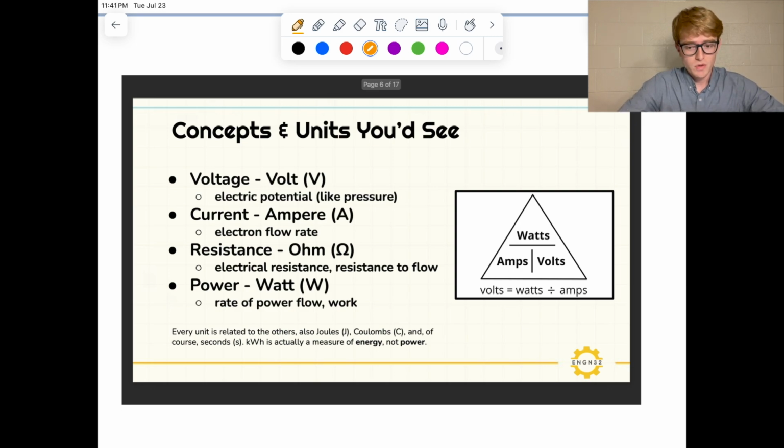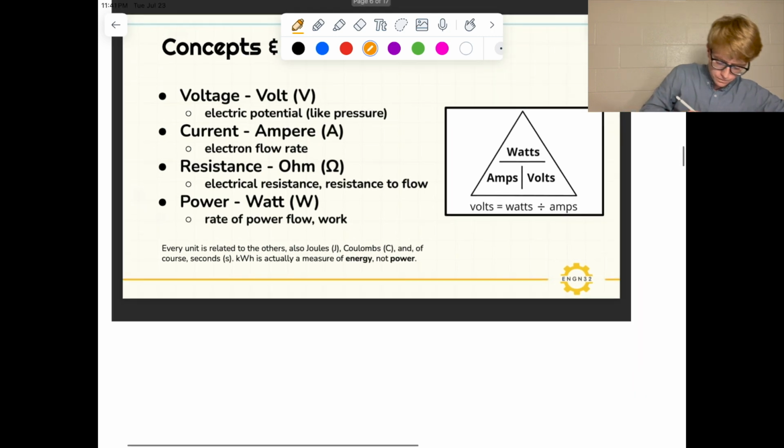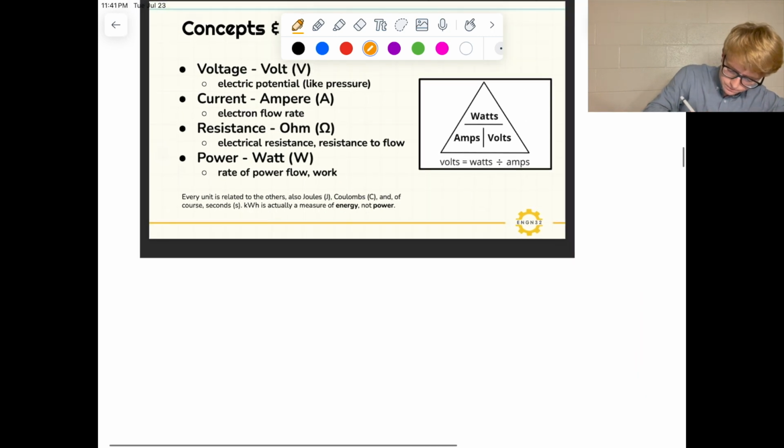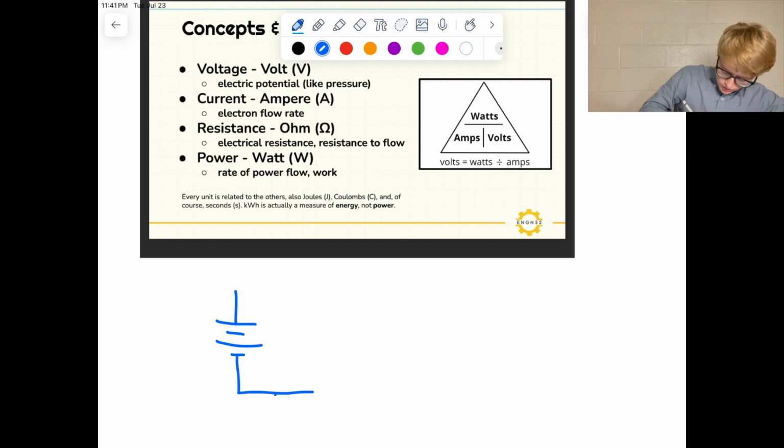And that's an important thing to keep in mind, especially when we get into these different passive components. Current will only flow, and will always flow, when there's a difference in potential between two places. So if you think about a battery, let's draw this out a little bit here. So let's think about a battery, something like this. Usually I'll say, okay, there's my ground. So we'll call this 0 volts.